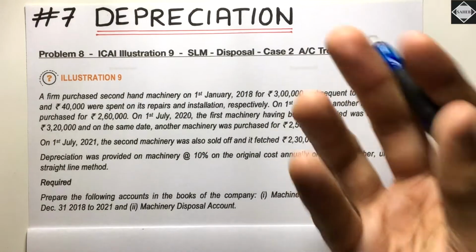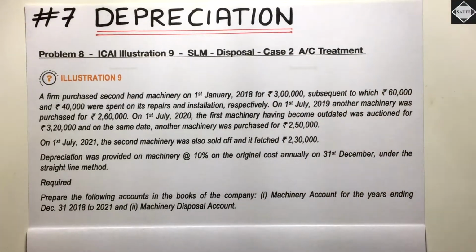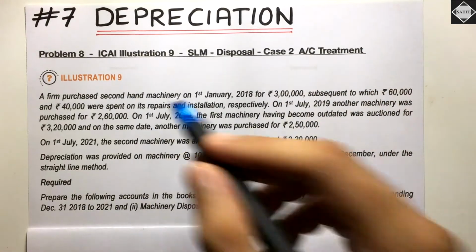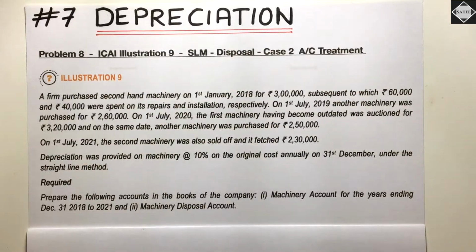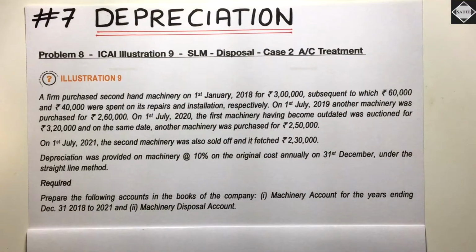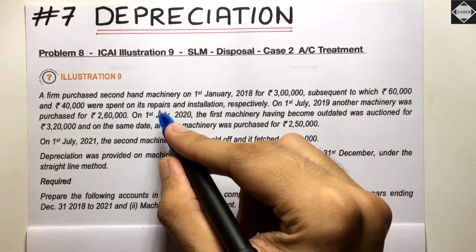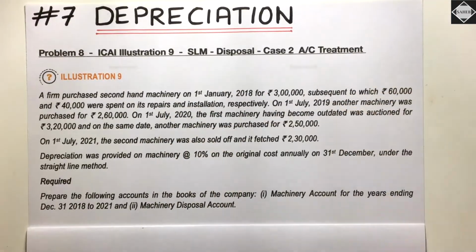So that first-time repair will be capitalized. Is that clear? But normally if you incur repair expenditure in between the usage of machinery, let's say after 2 months, 3 months, then that cannot be capitalized. That is a revenue expenditure. Is it clear? But here this is first-time repair to make the asset available to use. That's why we are capitalizing it.